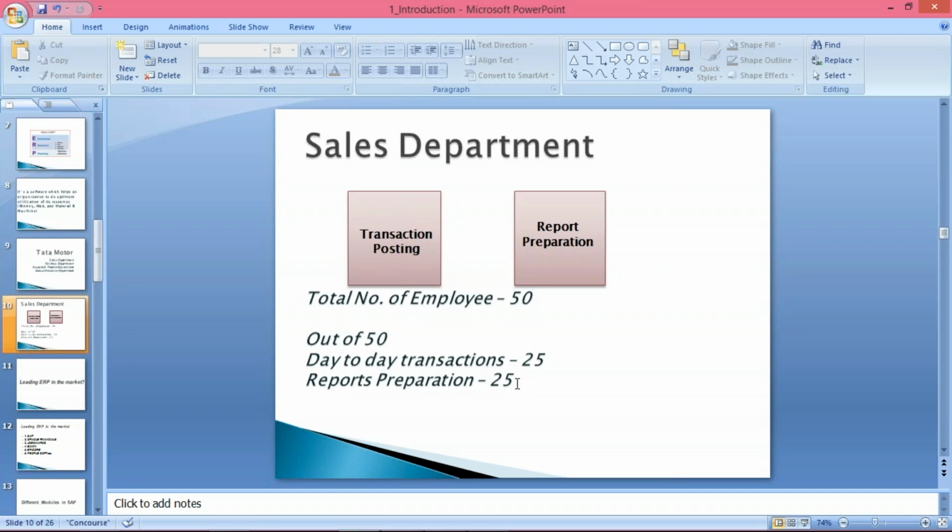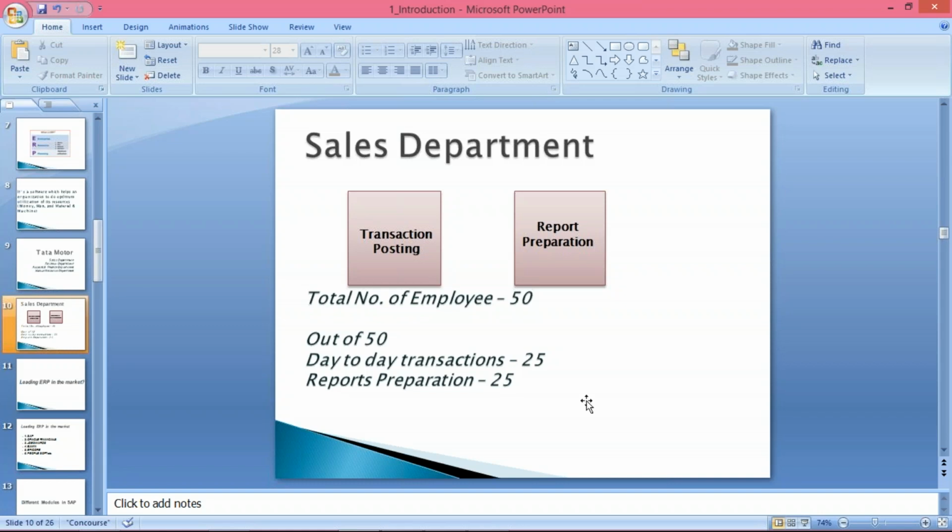SAP is going to prepare the report, and it is updated automatically within a second. So now the 25 resources who were required for report preparation are not required. So what will happen now? Tata Motor is going to engage these people in a different activity.